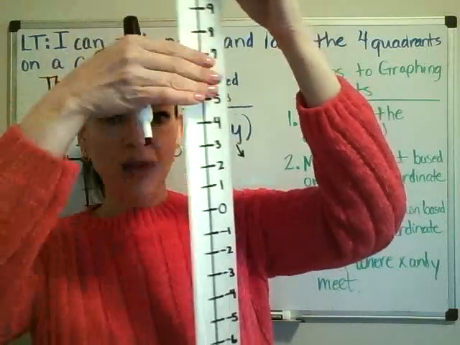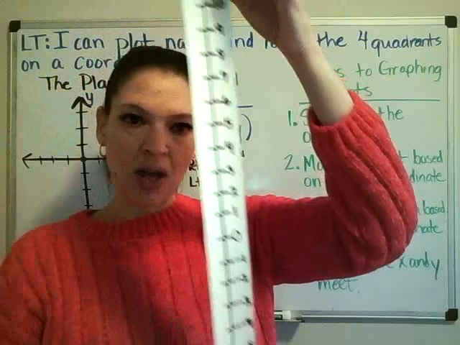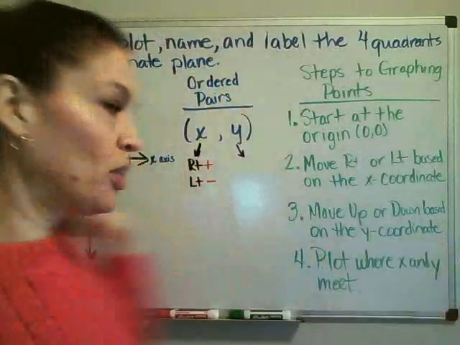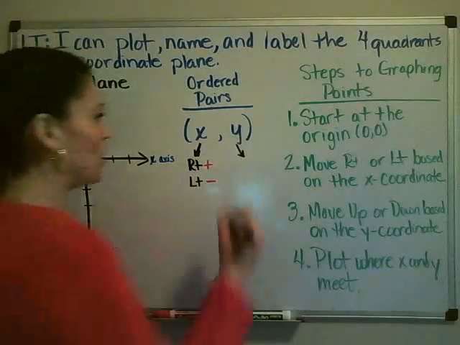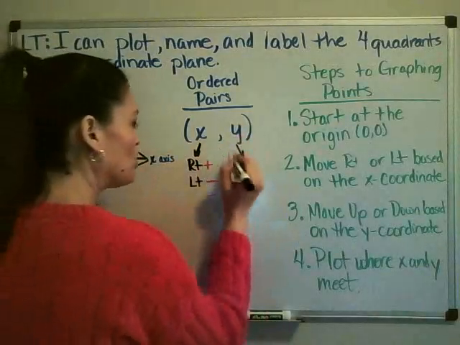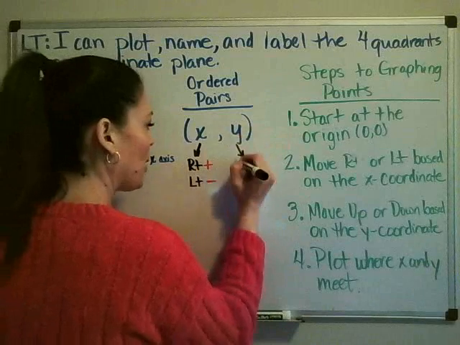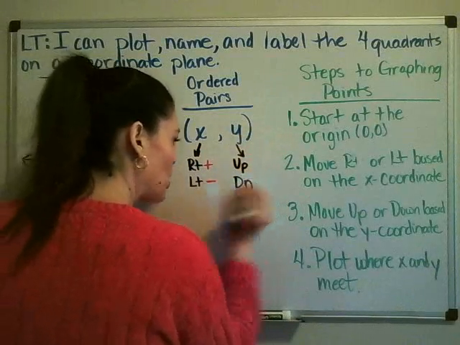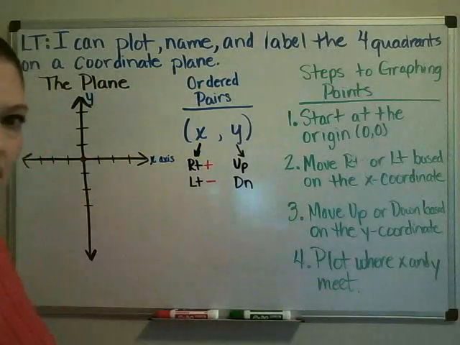Just like our above sea level and below sea level problems that we were working on yesterday and a couple of days ago. So the two directions for the y-axis are up and down. Those are our two directions.